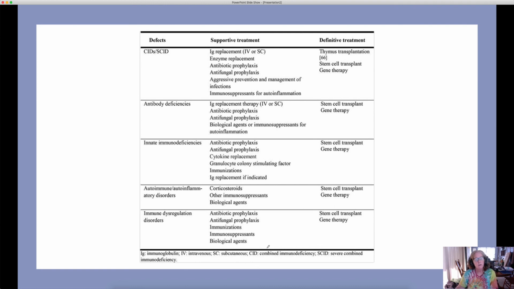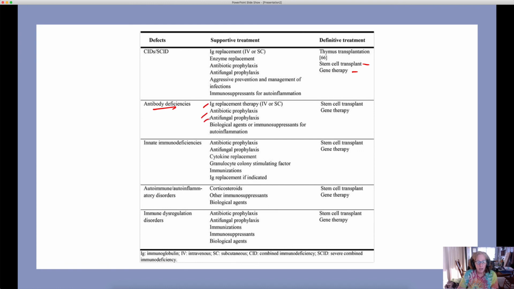I just wanted to let you see that there are a couple of different types of autoimmune diseases or immunodeficiencies. There's a little bit of both here, and there are different treatments, stem cell treatments, gene therapy. Those are treatments that are definitely being researched for all of these. But if we look at antibody deficiencies, which would be an immunodeficiency, we can replace IgGs.